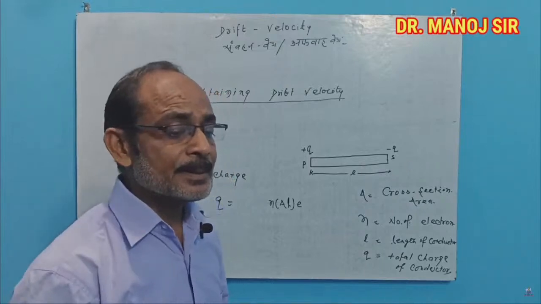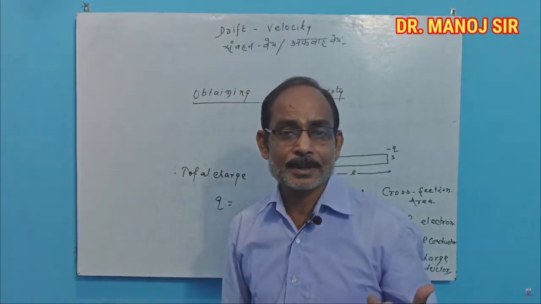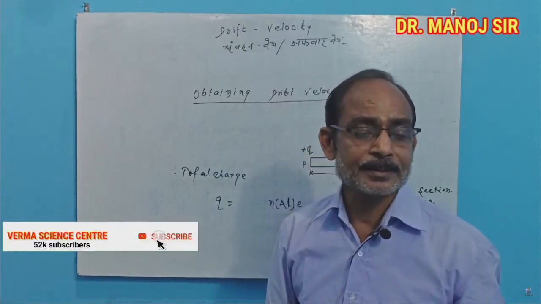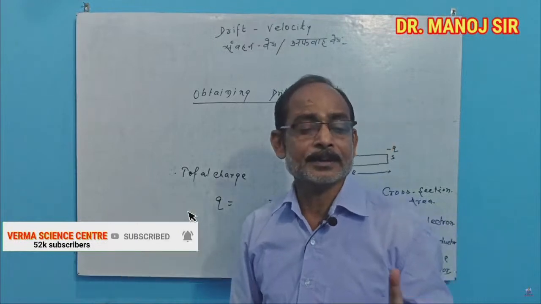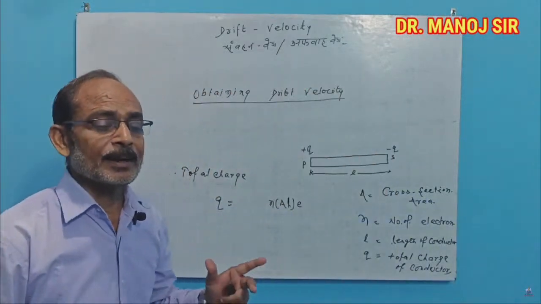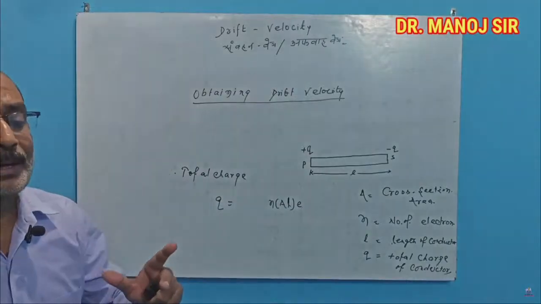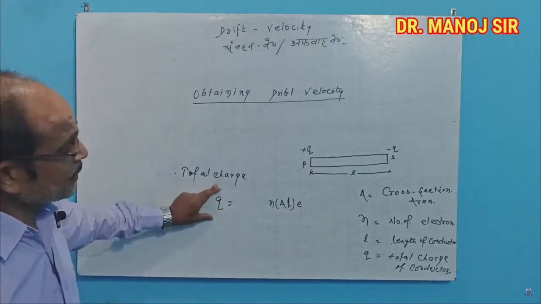Means total charge of the conductor is N A L e, meaning length, area, number of electrons and their charge. Here is the total charge.